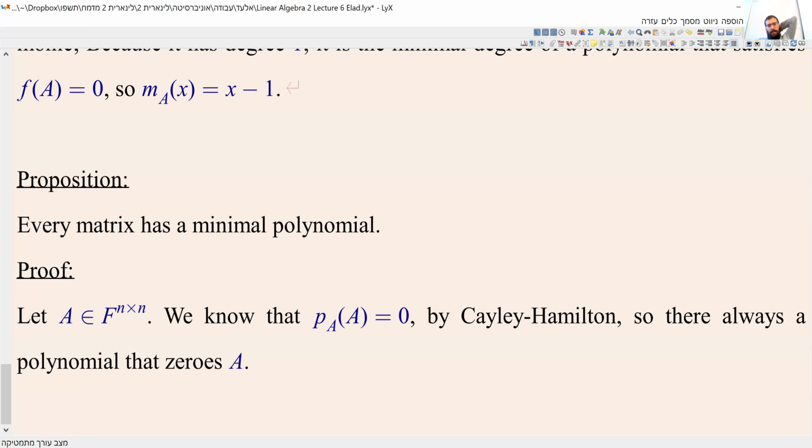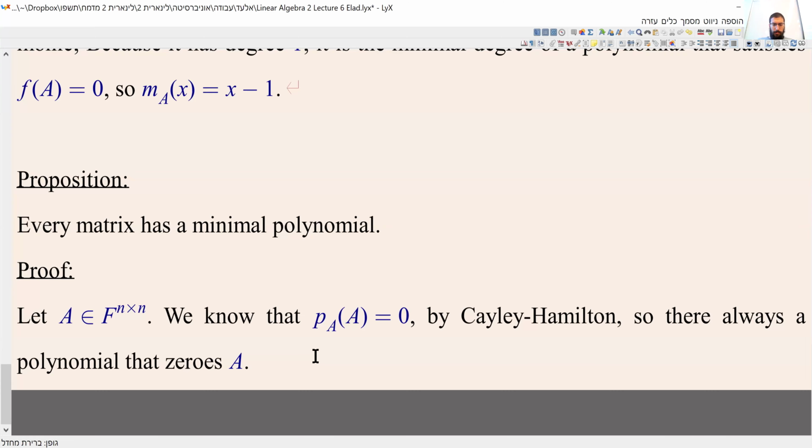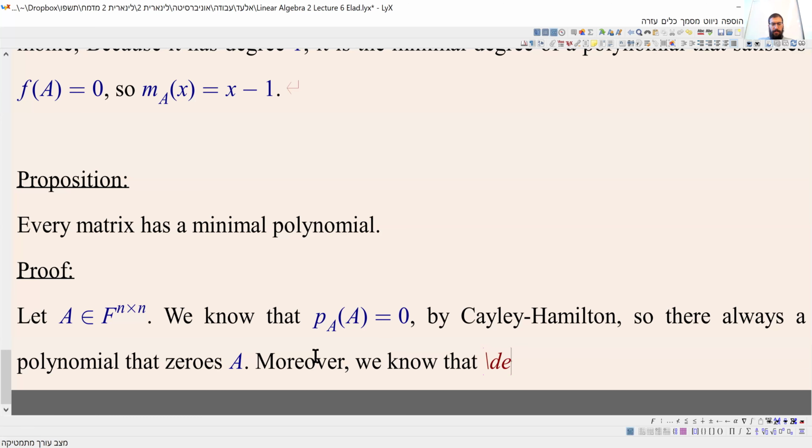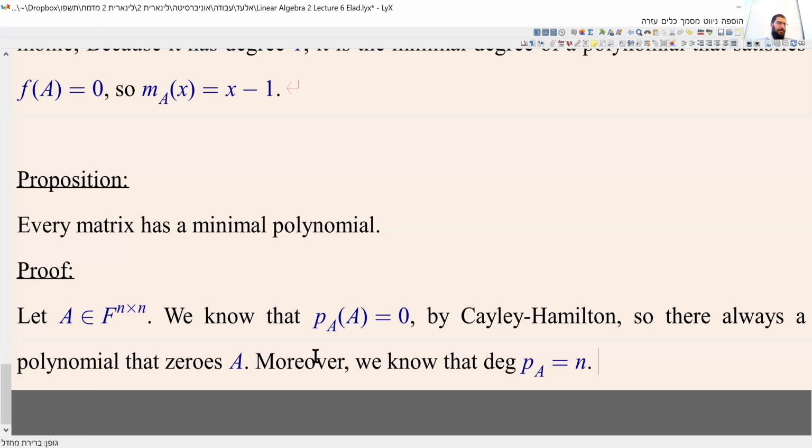Now, moreover, we know that the degree of PA is the same as the order of the matrix, n, as we mentioned before. And even more, PA is a monic polynomial.